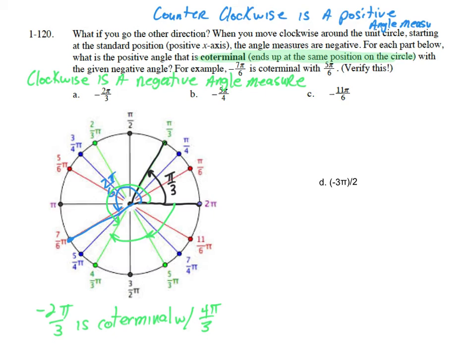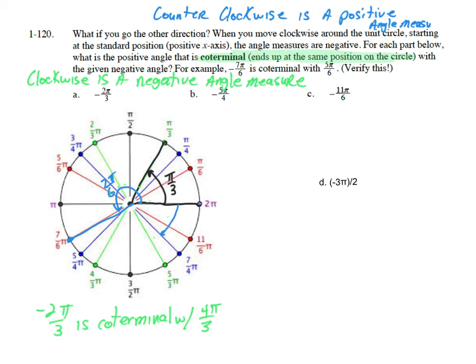Part B, negative 5 pi over 4. Let me erase the green stuff. Negative 5 pi over 4 is coterminal with what positive angle?